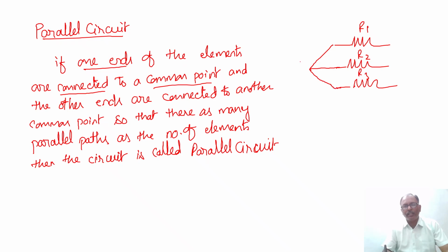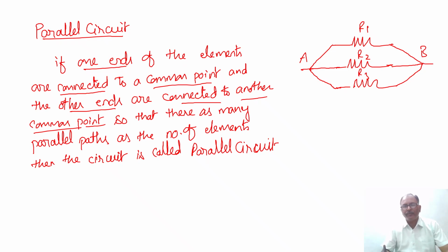Let us take that point as A, and the other trailing ends are connected to another common point. So let us take another common point B. So the starting ends are connected to a common point A and the trailing ends are connected to a common point B.